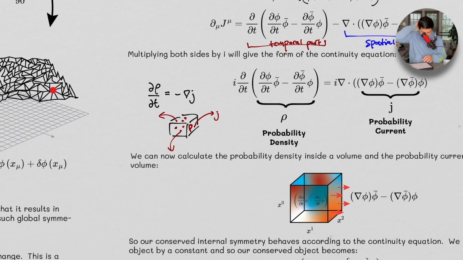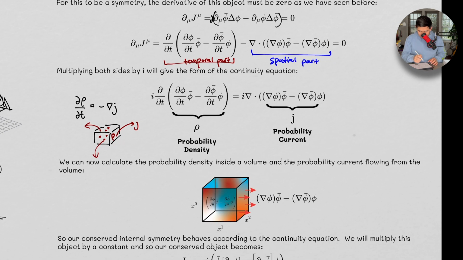What we're seeing now is that this J represents something akin to a probability density for the continuity equation, or something that obeys the continuity equation, in other words.